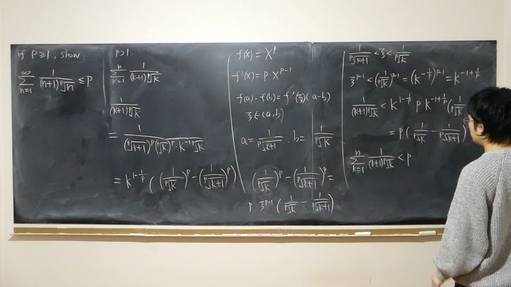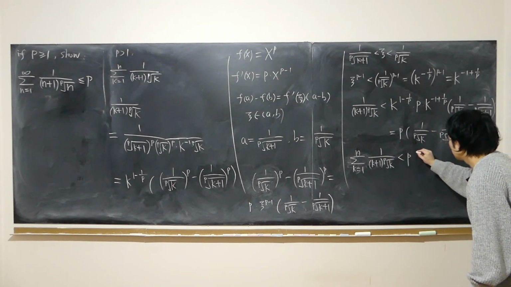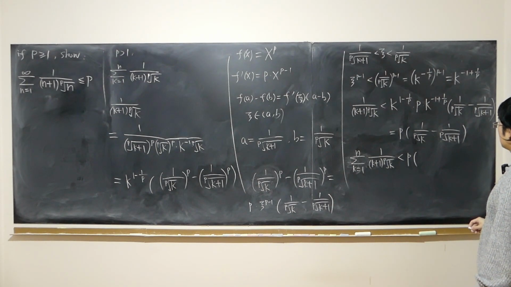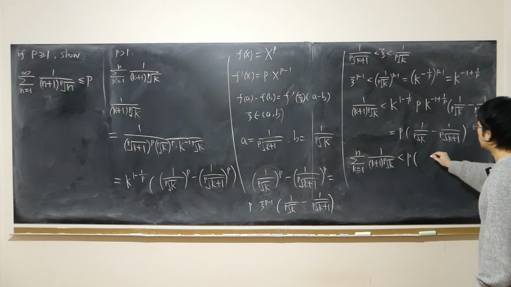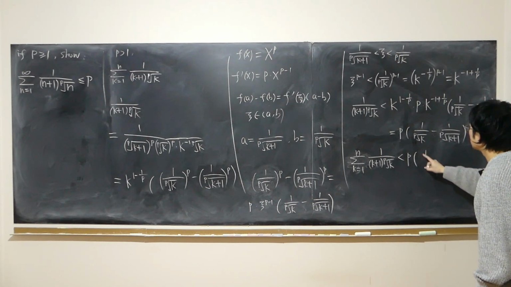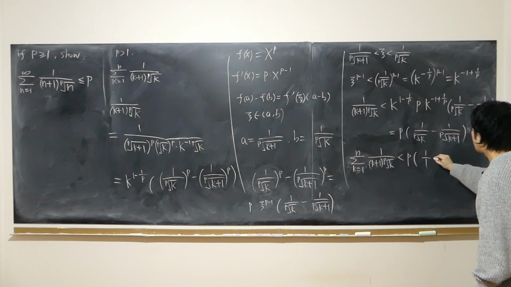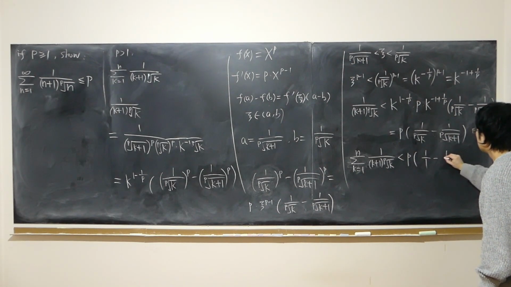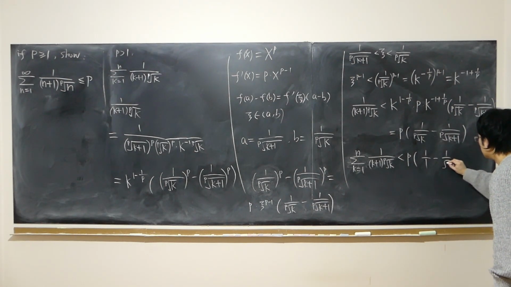And so I have, first of all, when k is equal to 1, I have 1 over the pth root of 1 minus 1 over the pth root of 2.